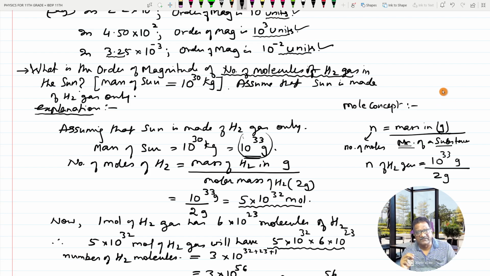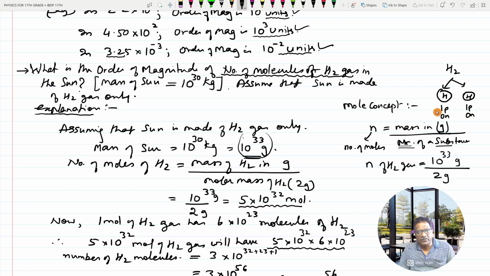See, one hydrogen atom, right? You have two hydrogen atoms in a hydrogen molecule, right? So in one atom you have one proton and zero neutron. In another atom also you'll have one proton and zero neutron.